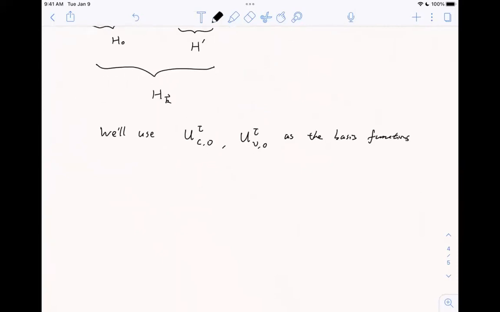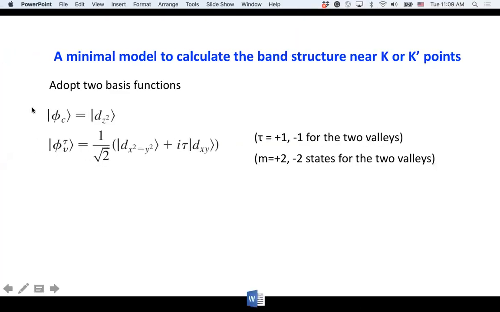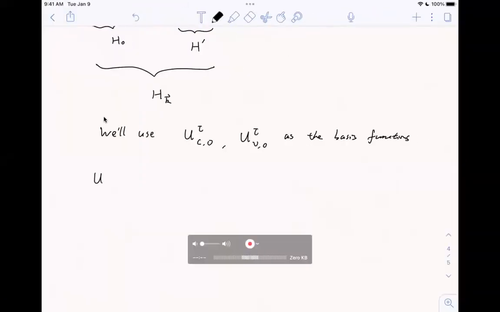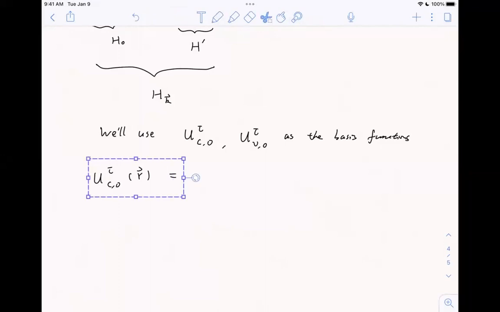So you're going to get a 2x2 matrix for the Hamiltonian. So what are actually these two functions? How is that related to what we derived here? Okay, so we derived it here, but they're not exactly the same thing, because U C0 is a function of R. So this will be a Bloch state at the k points, or minus k points. So what is the form of the wave function? So let's understand this basis function.